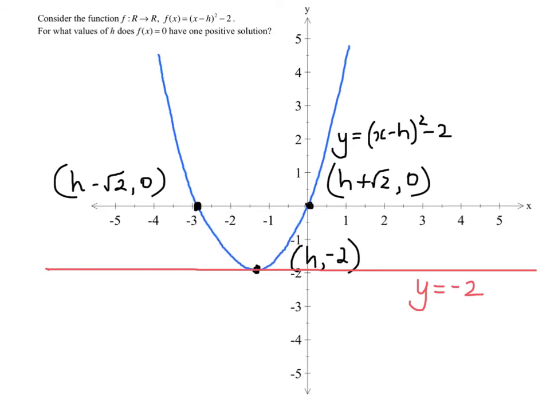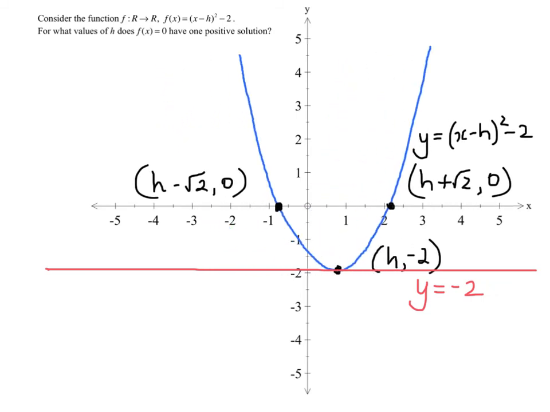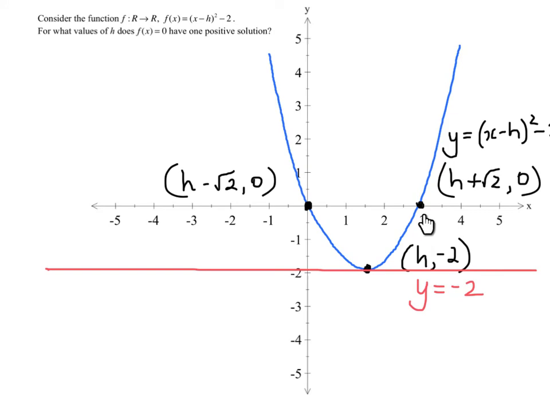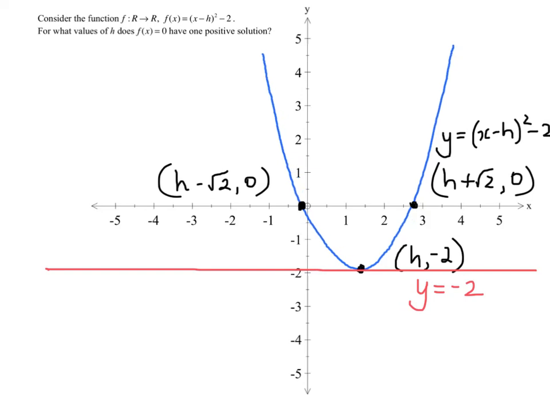So we want h + root 2 to be greater than 0, not equal to 0, but greater than 0. We want h - root 2. If it's equal to 0, we'll still have one positive solution. So h - root 2 can be equal to 0, or we want it to be less than 0.